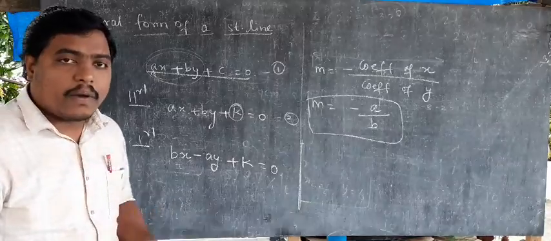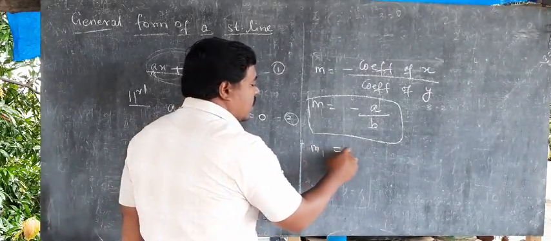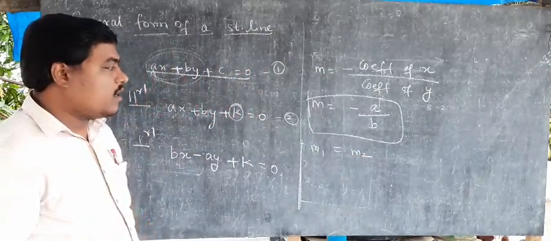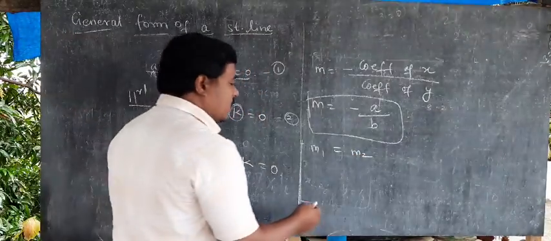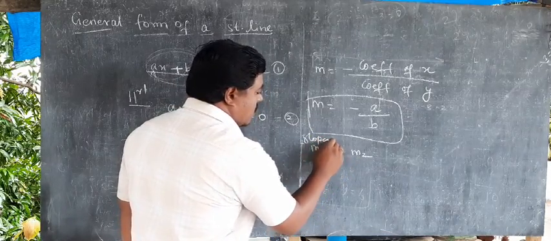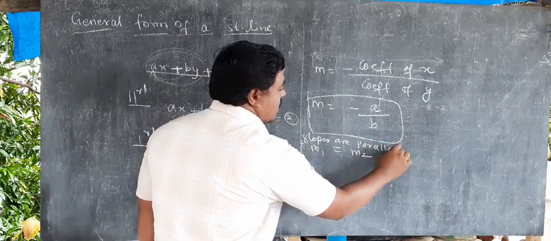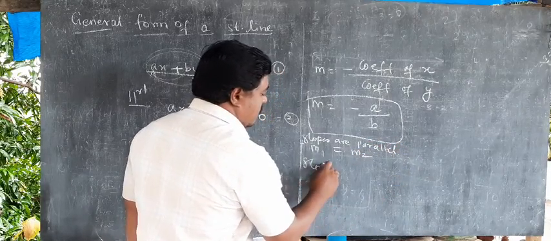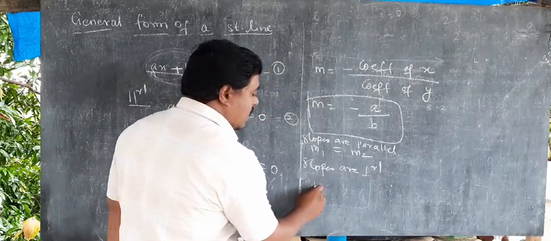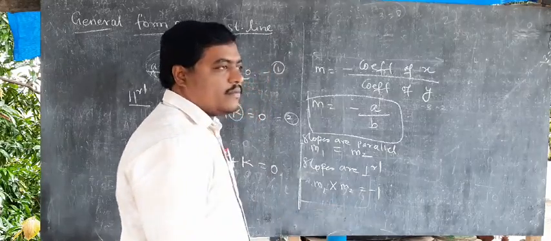If the lines are parallel, the slopes are equal, m1 equal to m2. Right? If the slopes are perpendicular, m1 cross m2 equal to minus 1.